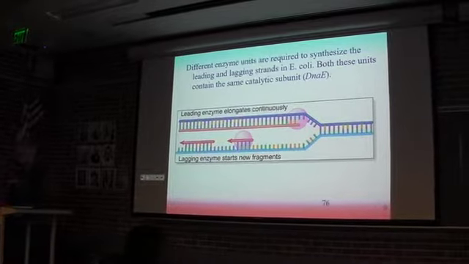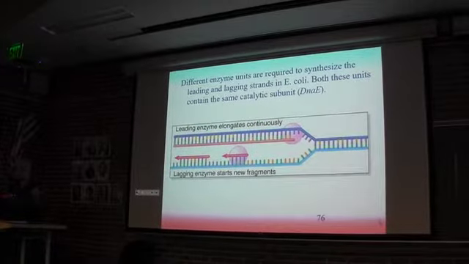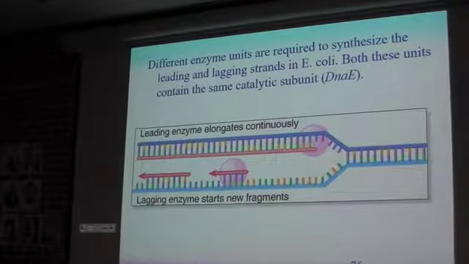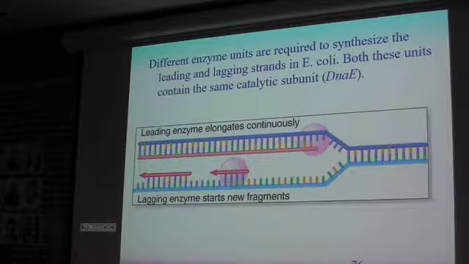Different enzymes are required for lagging and leading. As we know, they are different copies of the same monomeric unit in bacteria. It's not different subunits, it's just two copies of the monomeric catalytic domain with its own epsilon, which is proofreading, and one is dedicated for each of the strands.